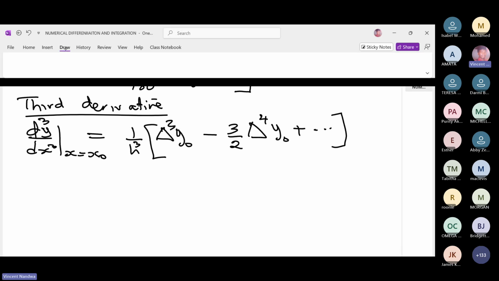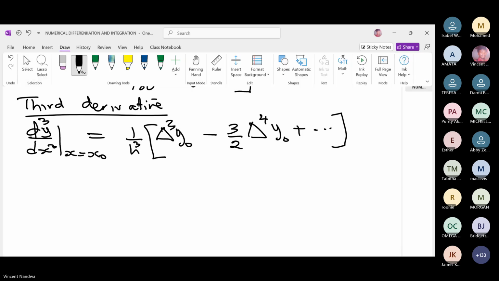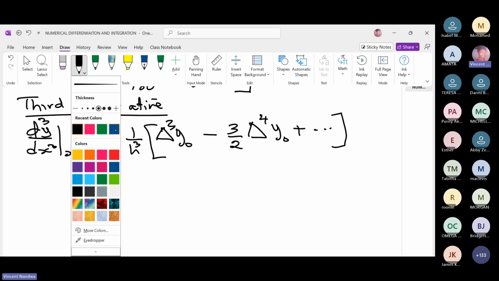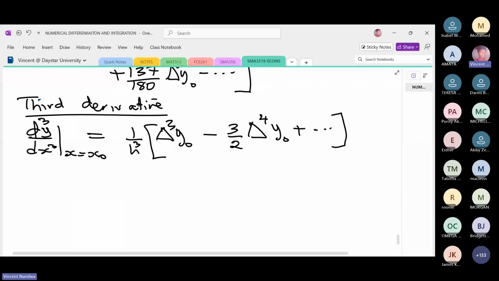Then we will list, without deriving, but the process is exactly the same, the differentiation formulas based on Newton backward interpolation formula.